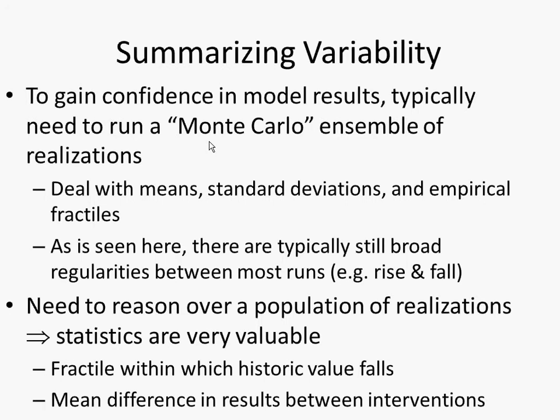So we typically approach this by running Monte Carlo ensembles of realizations. We run the model again and again and again. And we try to approach it in a statistical way, bearing in mind that we have no closed-form statistical assumptions we can typically bring to bear on the distribution associated with a given model output. So we make use of non-parametric statistics.